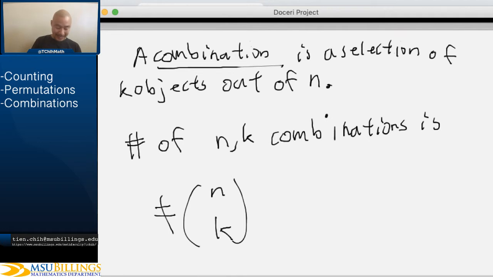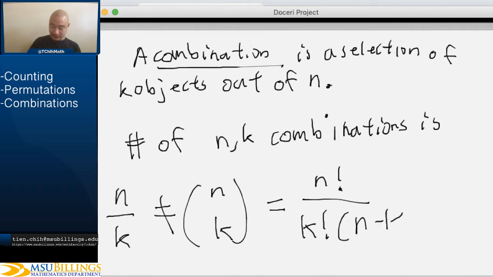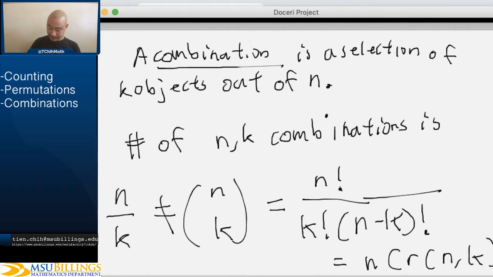So by the way, this is not the same thing as n over k. And n choose k is computed n factorial over k factorial times n minus k factorial. And in Desmos, this is denoted nCr(n, k). All right.